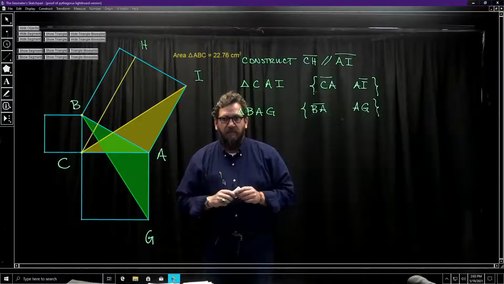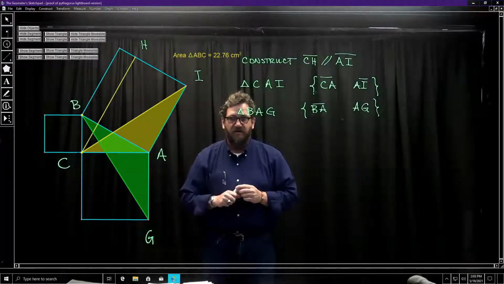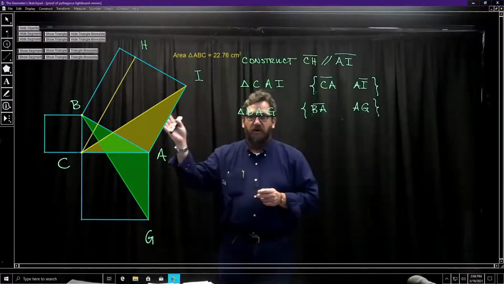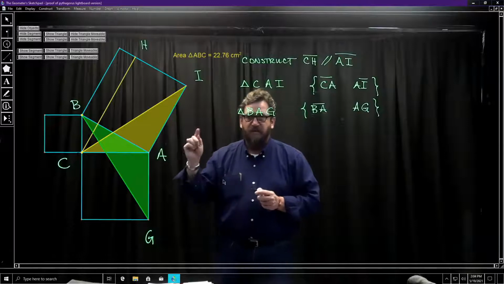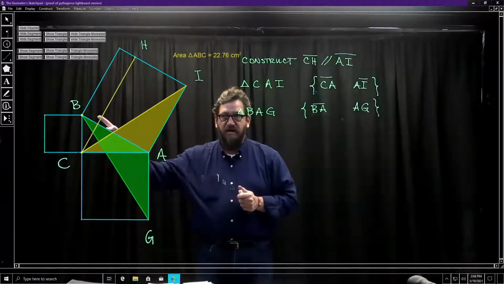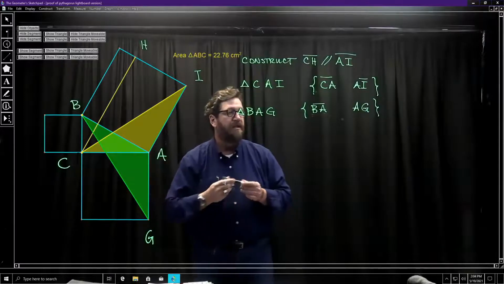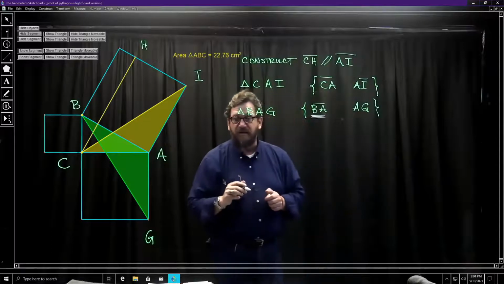So I want to talk about where these triangles have pieces related to the various squares. Look at the large square, the square on the hypotenuse. I see one of the triangles, the green one, has a side on that square, namely B to A. So B to A is on the square dealing with the hypotenuse.